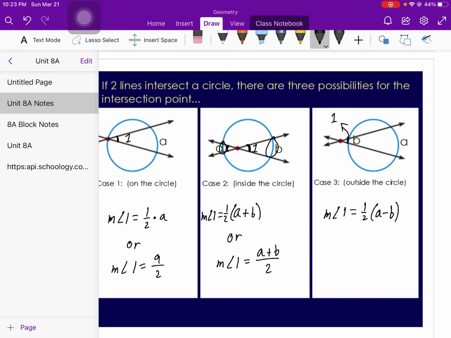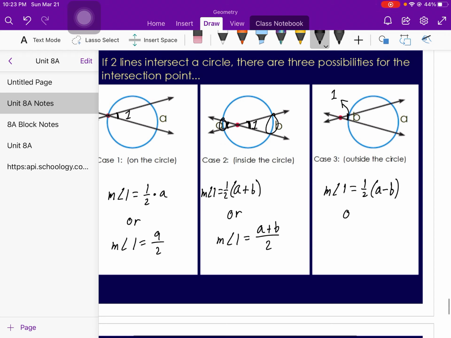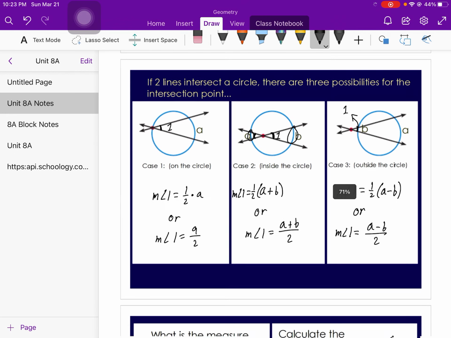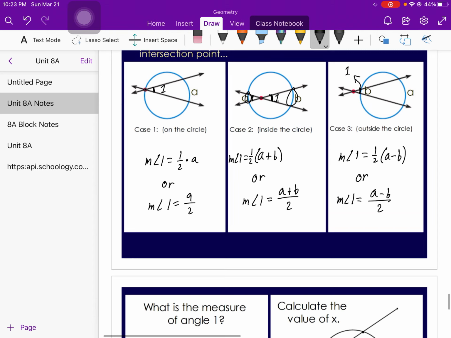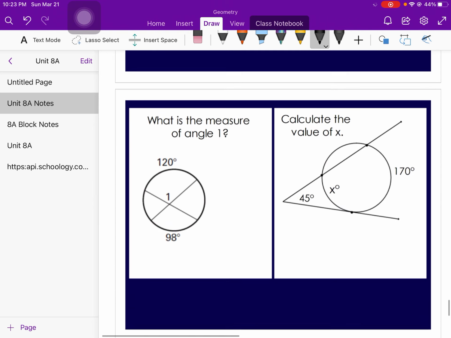Whatever your bigger arc is, make sure that goes first when you're subtracting because you don't want a negative answer. Or the measure of angle 1 is equal to A minus B all divided by 2. Either formula works for that. But we have to be able to recognize these situations. So let's go ahead and try out a couple problems relating to these formulas.